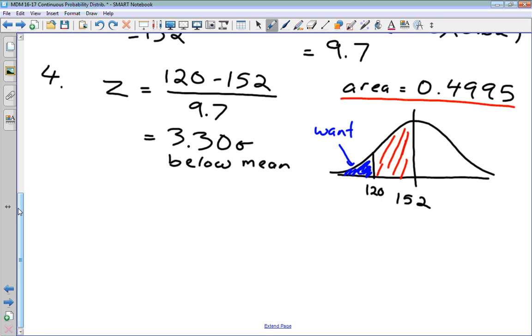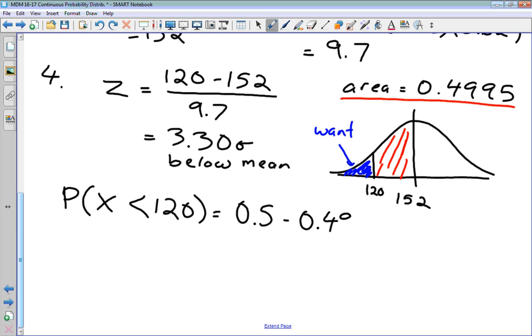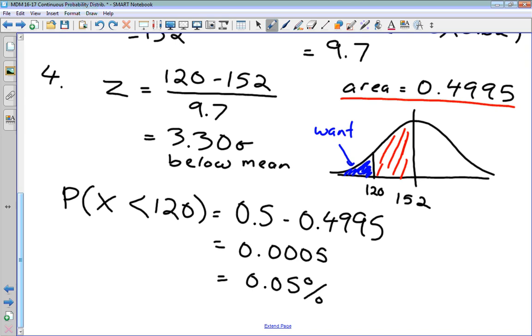So our probability of x being less than 120 is going to be 0.5 minus 0.4995, which gets us 0.0005, or 0.05%.